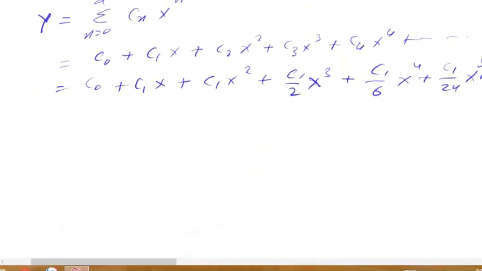Then we take common. Here c0 is 0, we have already discussed this.